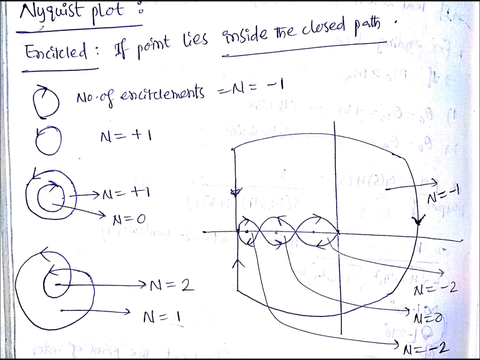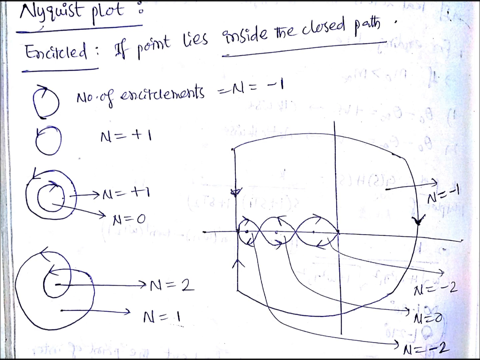Coming to the fourth example, if you take a point as I have shown there, n will be +2. That means the point is encircled by two anti-clockwise paths.